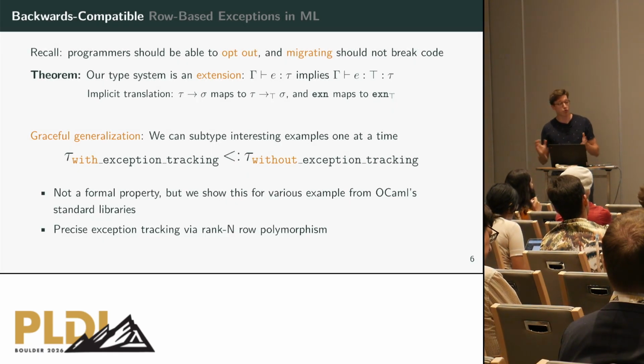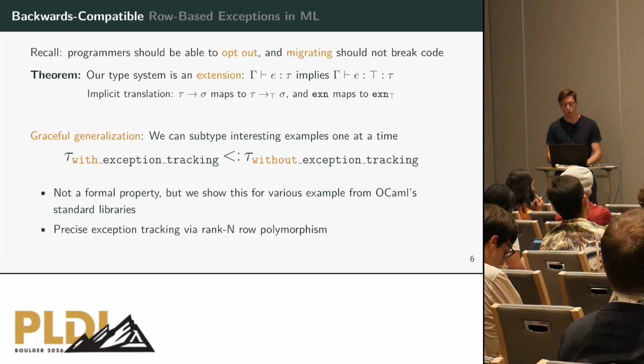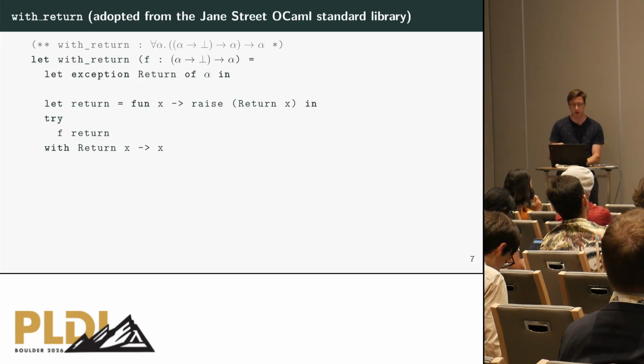Well, this is not a formal property, but we show for various interesting examples that we can give such a stronger type and its subtype derivation. And moreover, we can do precise exception tracking via rank 2 and row polymorphism, as we'll see in the following example.